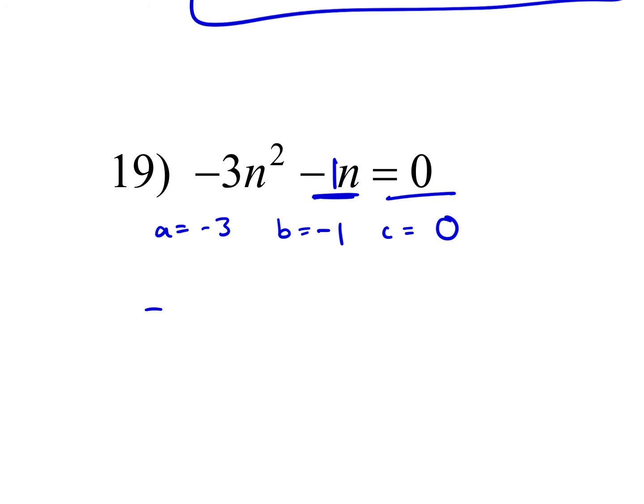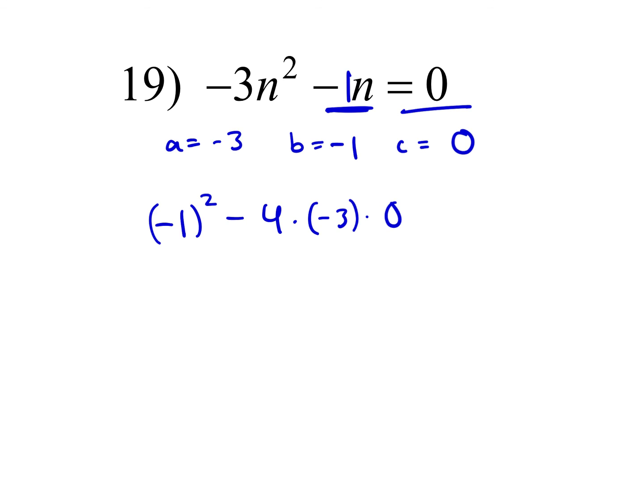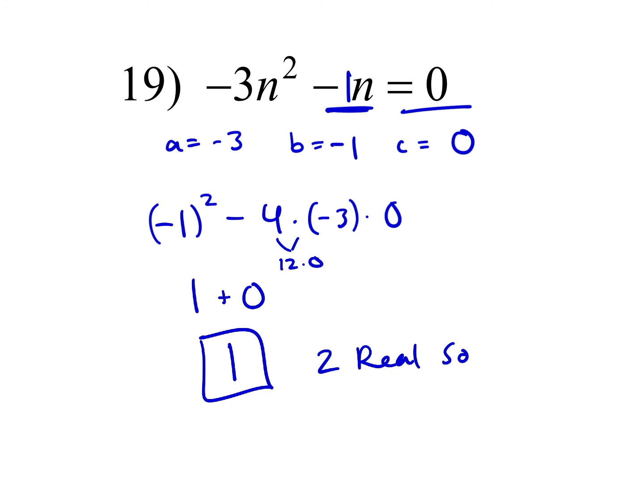So plug it in. -1 squared minus 4 times A times C. What is -1 squared? 1. What's -4 times -3? 12. And 12 times 0? 0. So what's 1 plus 0? So 1 is my discriminant. How many real solutions do I have? 2 real solutions. So because 1 is positive, I have 2 real solutions.